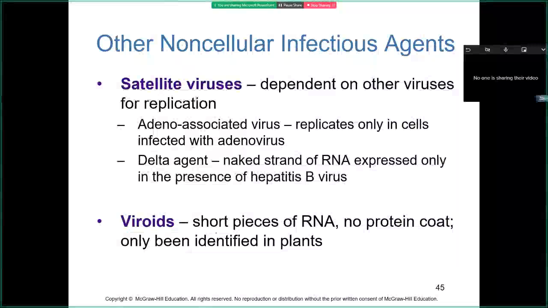And then a viroid is a really short piece of RNA that doesn't have a capsid that apparently can replicate and be passed from host to host. So those are viroids. And they can cause some symptoms in plants, but none that are terribly devastating.